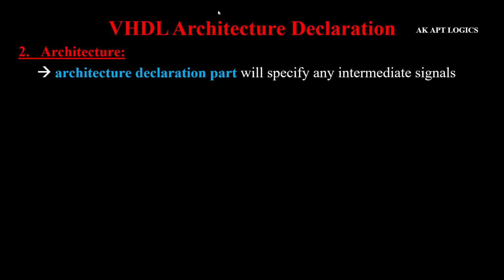But the internal ones, which we can't see, will be specified in the architecture declaration part before the begin. After specifying the architecture name is, okay, let me show you.